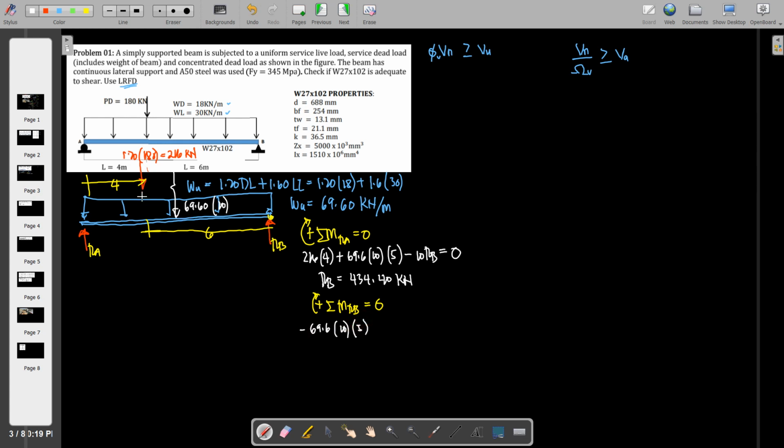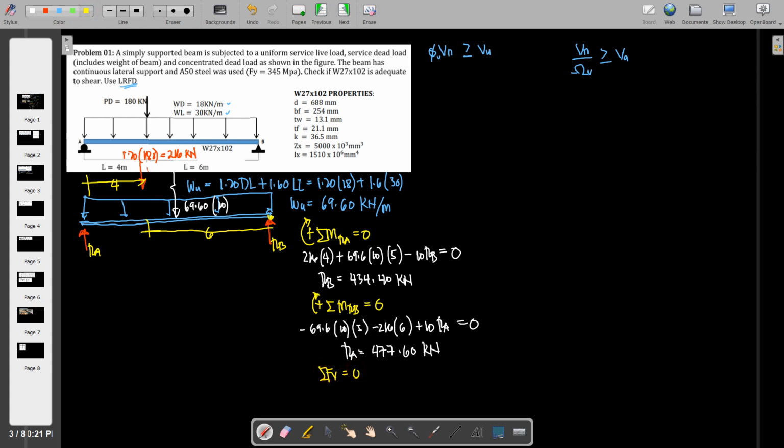And then another counterclockwise moment, 216 times moment arm of 6. Then we have a positive rotation for RA, with moment arm of 10. This is equal to 0. Therefore, RA will be equal to 477.6.